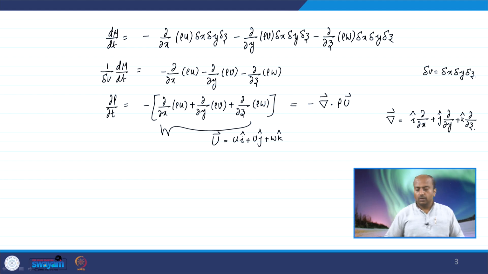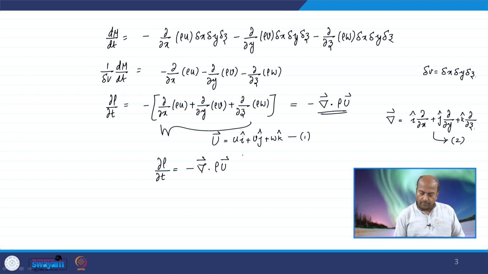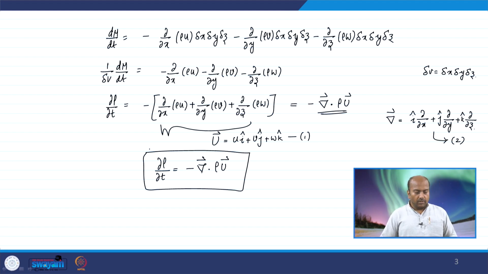Using this and knowing what del is, you get this. It is just a different representation, that's it. Okay, so now you can write, which is the form of continuity equation that we have.